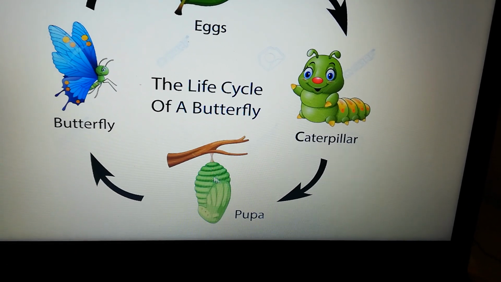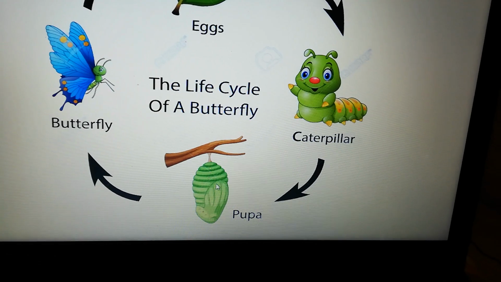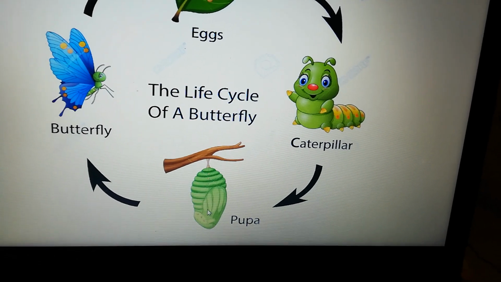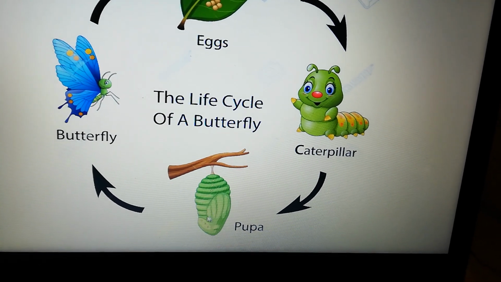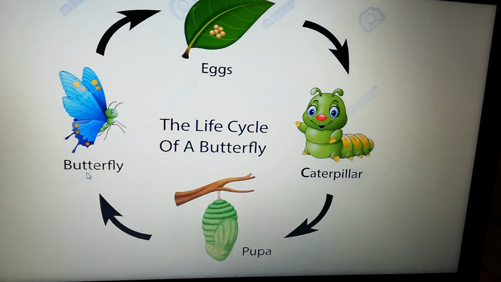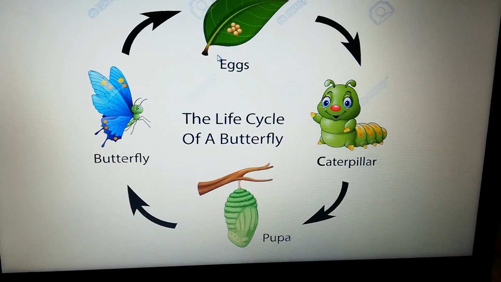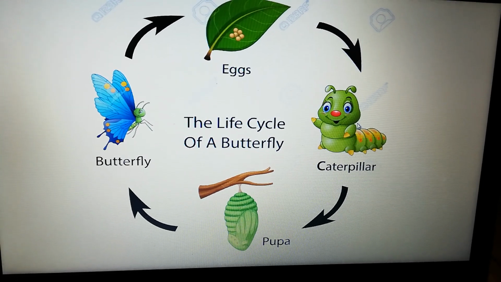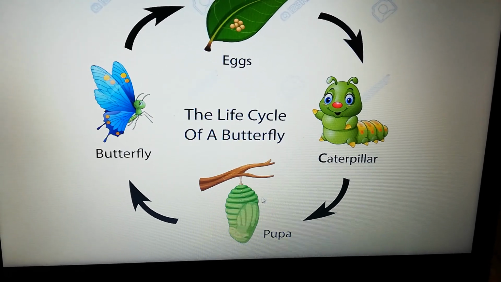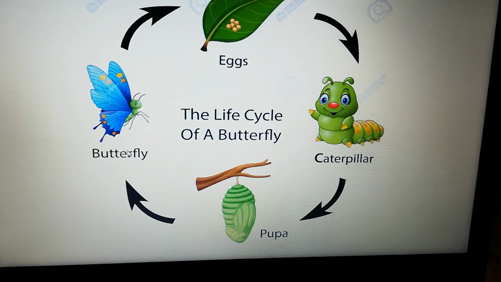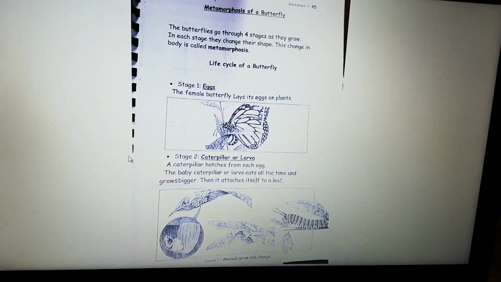So this is the hard case. And then the pupa will come out from the case to become an adult butterfly in stage 4. So stage 1 egg, stage 2 caterpillar or larva, stage 3 pupa, and stage 4 is an adult butterfly.